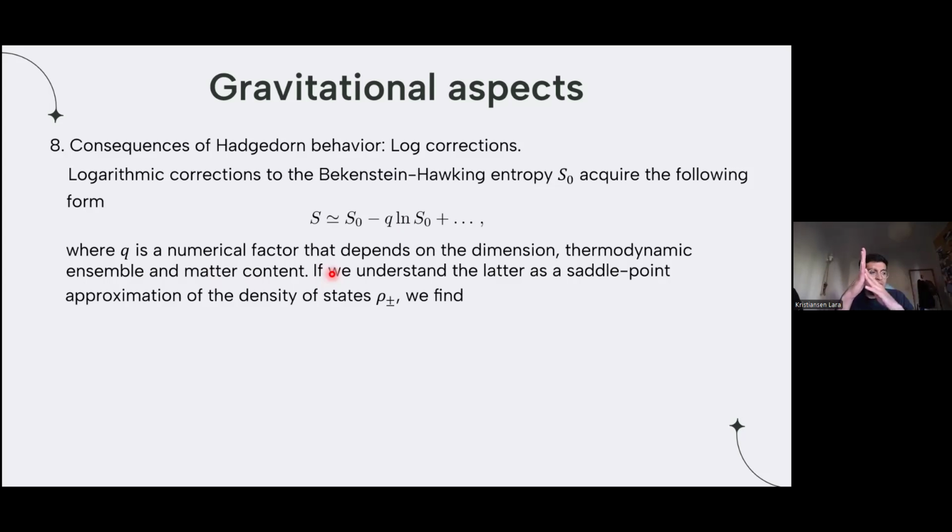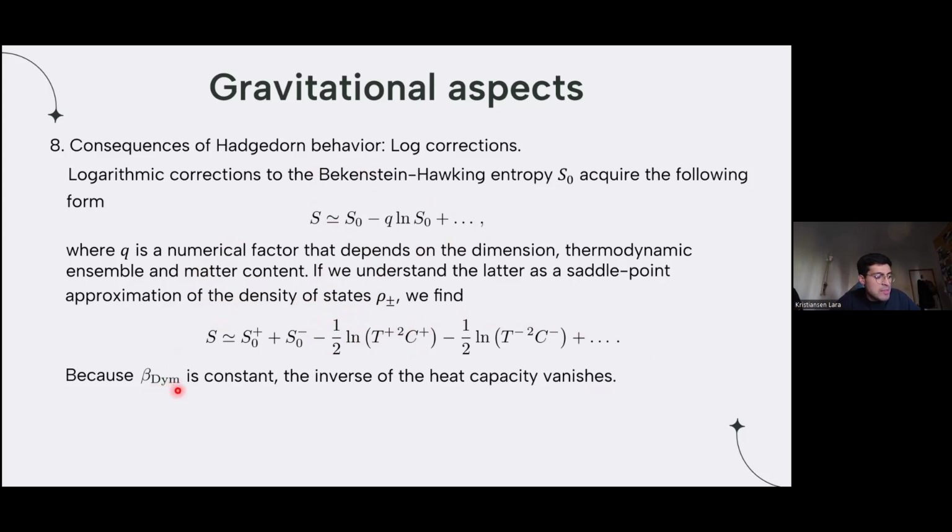Nonetheless, observe the following: if we understand this expression as a saddle point approximation of the density of states rho plus minus from the statistical mechanics point of view, like in the Landau-Lifshitz book, quantum fluctuations to the entropy are determined by this expression that you may read here. Observe that it depends on the heat capacity.